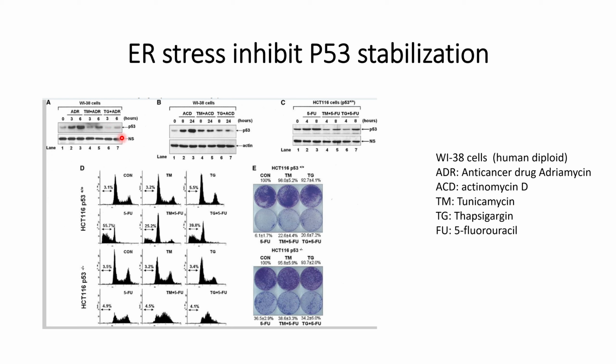Thapsigargin causes disruption in the calcium cycle, which will cause ER stress within the cells. So when ER stress is introduced, p53 expression is reduced, or we can say p53 is not stabilized in case of ER stress.